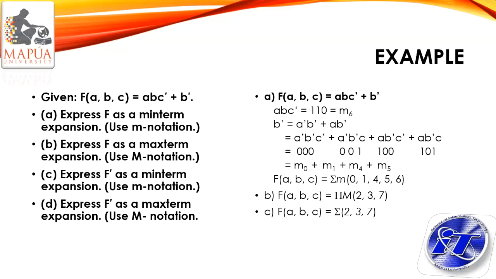Okay, and for letter D, any values which are not part of the min terms are part of the max terms, which are 0, 1, 4, 5, 6 for the inverse function, the complement of function f.